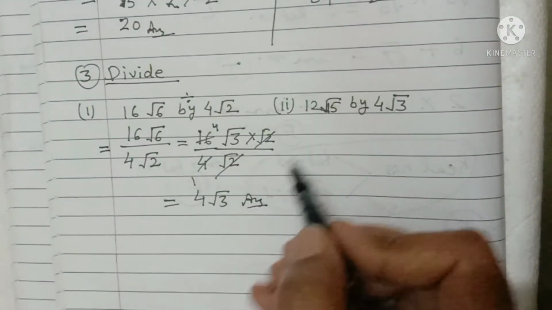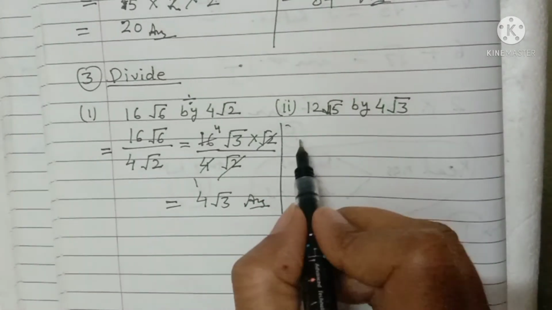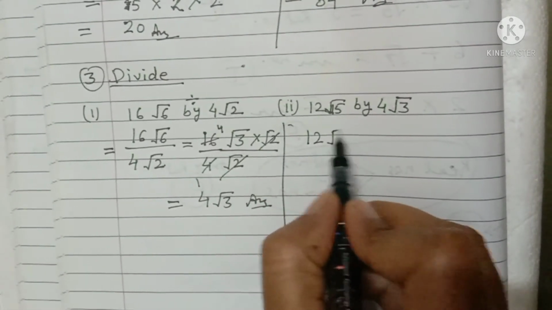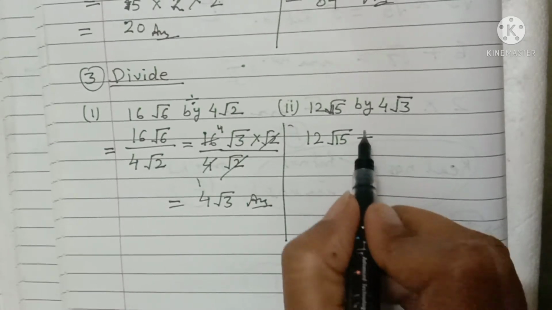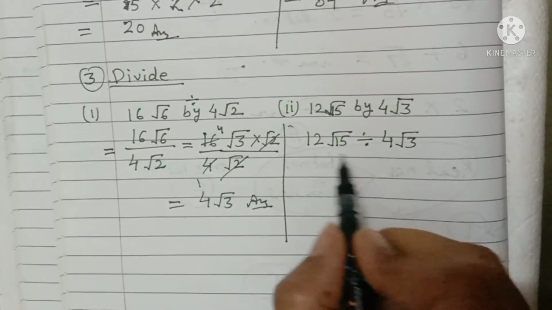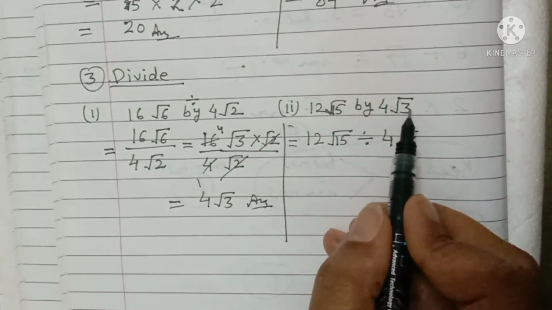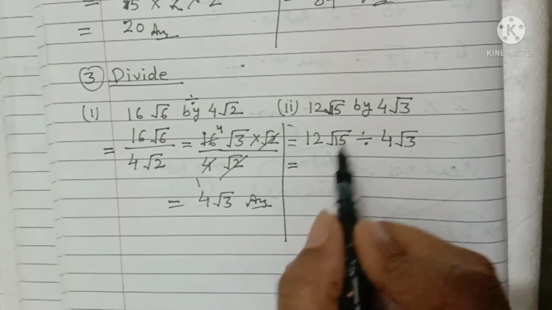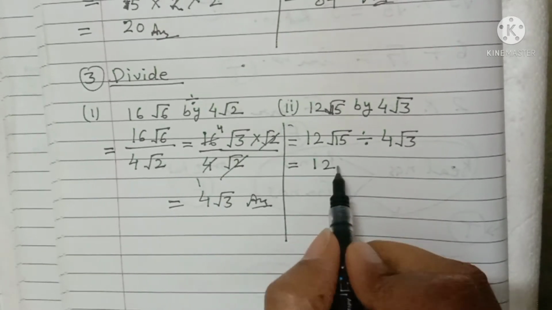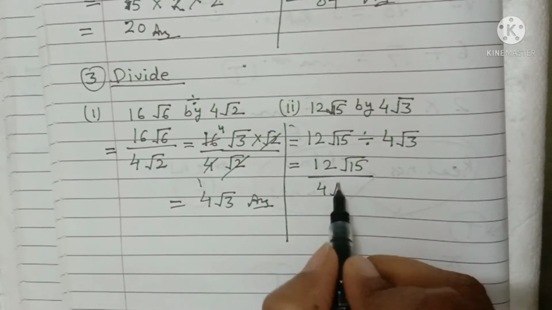Next part, 12 root 15 by 4 root 3. So you can write it like this by the sign of divide, 4 root 3, or you can directly write these two numbers in numerator and denominator: 12 root 15 upon 4 root 3.